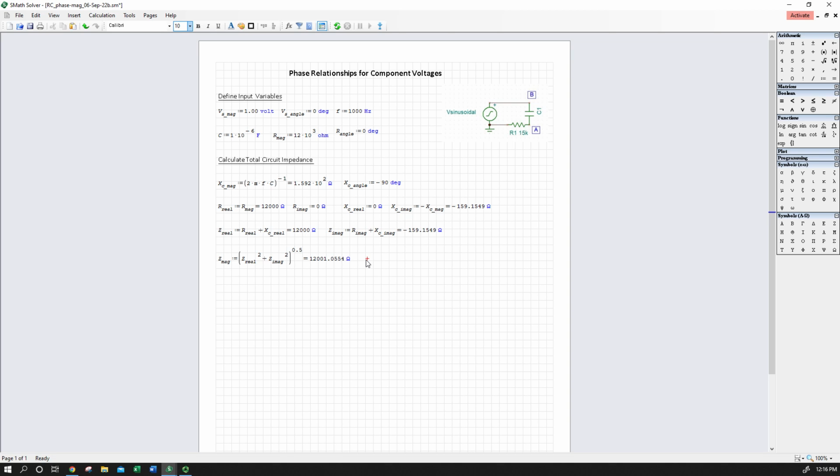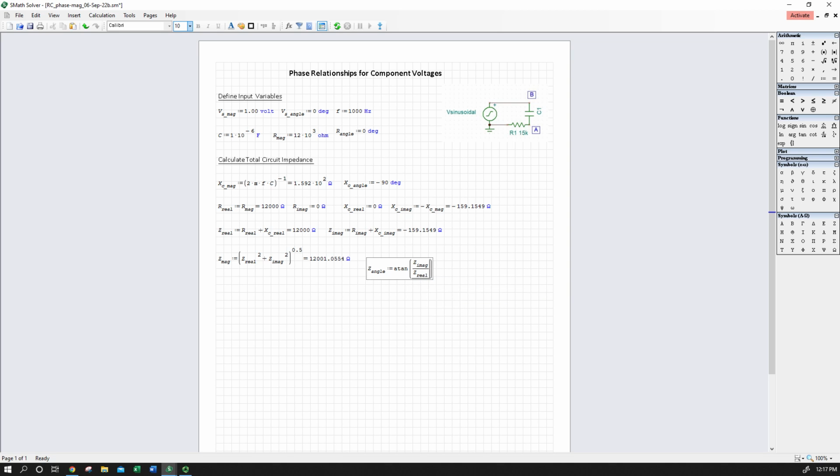So I'm going to go ahead and calculate a Z angle, so the angle associated with my total circuit impedance. S-math is being fussy. So for that, I'm going to use the inverse tangent, A tan, of my Z imag divided by my Z real.